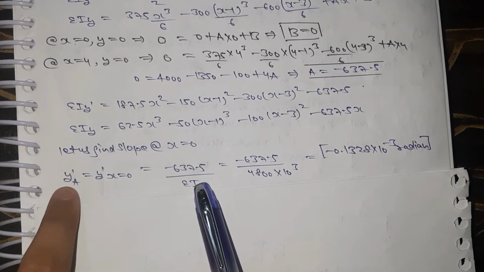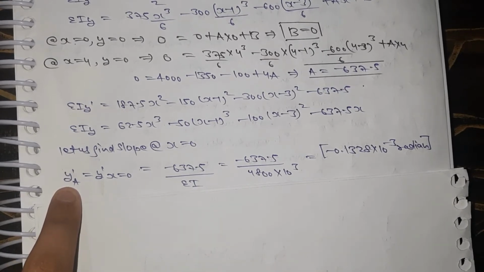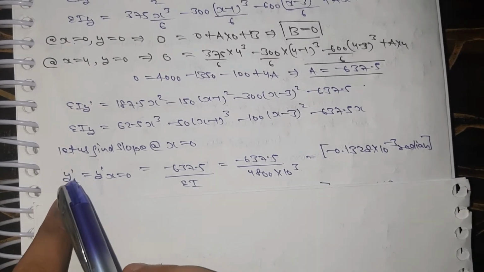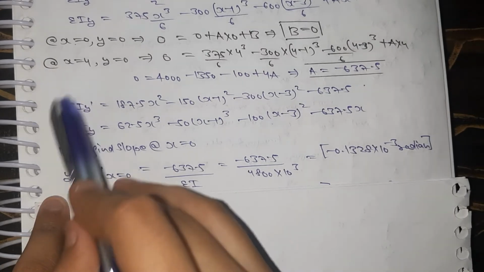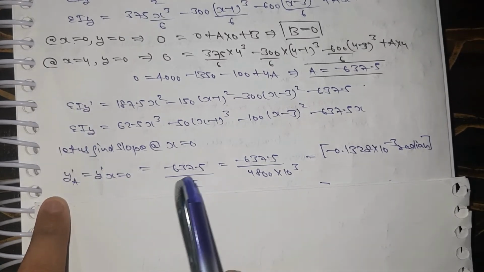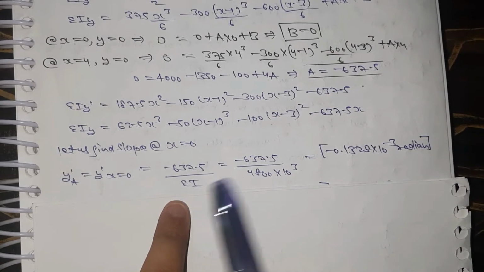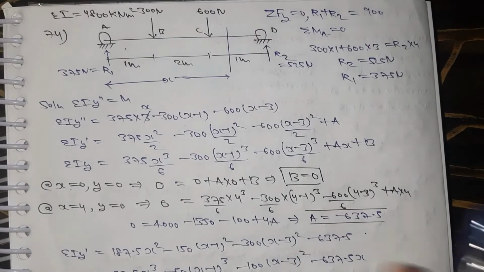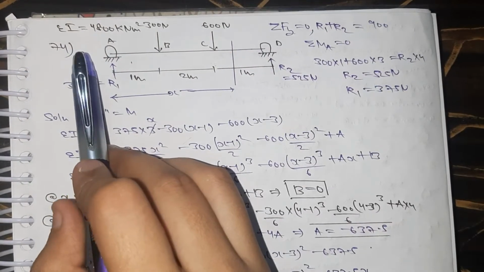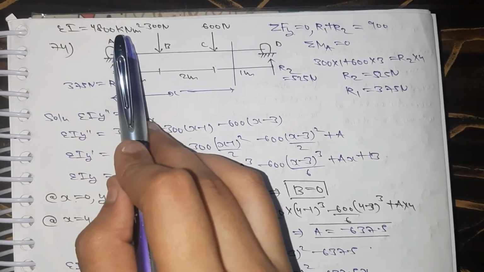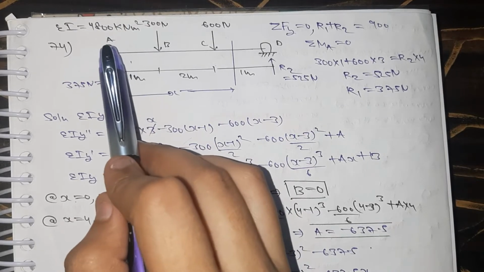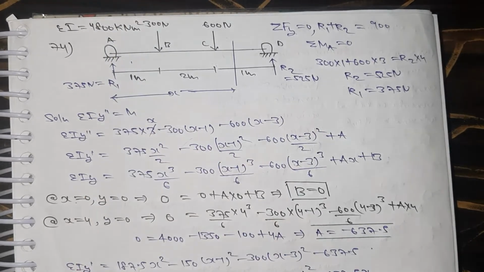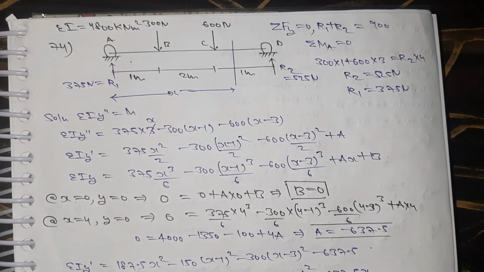I'll be remaining with minus 637.5 only. But you want to get slope, not deflection, so you have to divide this term by EI. That's what I actually did there. So minus 637.5, and the EI value we have already been given in the question itself. As you can see, EI is equal to 4800 kilonewton meter square. Guys, please be very careful about the units.